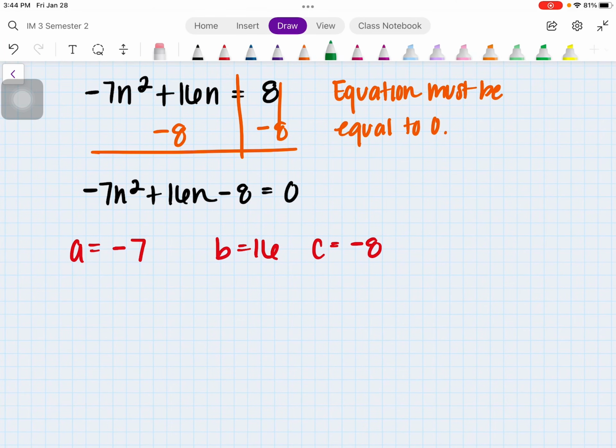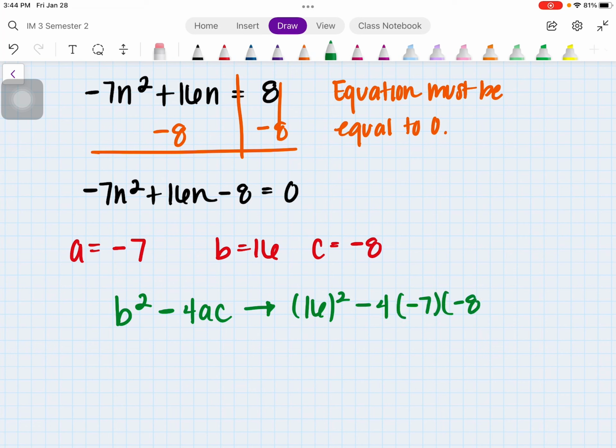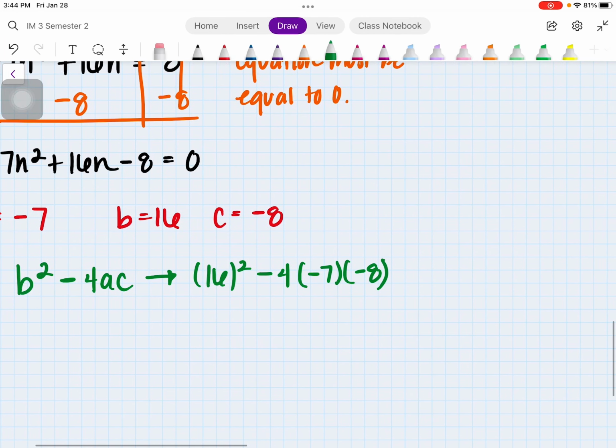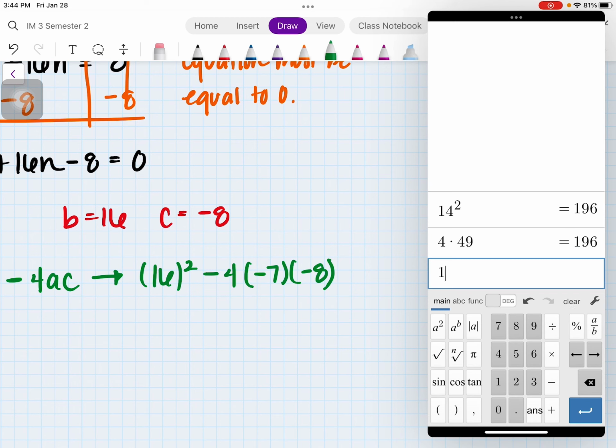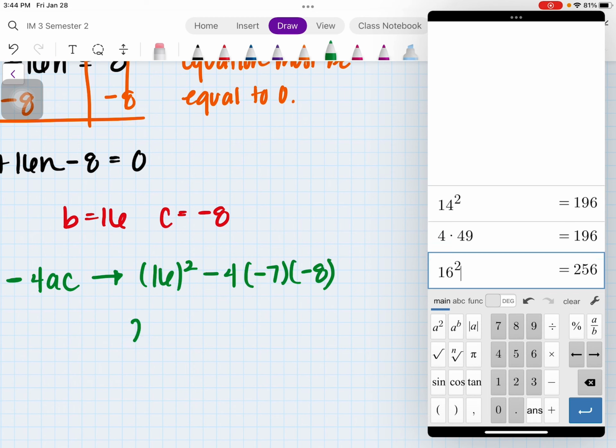So with basic substitution, we have b squared minus 4ac, and that would become 16 squared minus 4 times a times c. Now, 16 squared is 256, and then there are 3 negatives, so we still have a negative left.